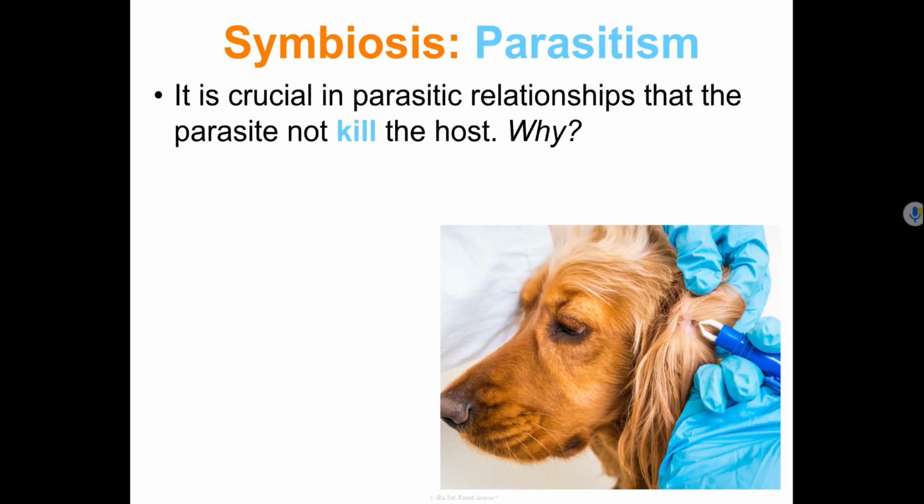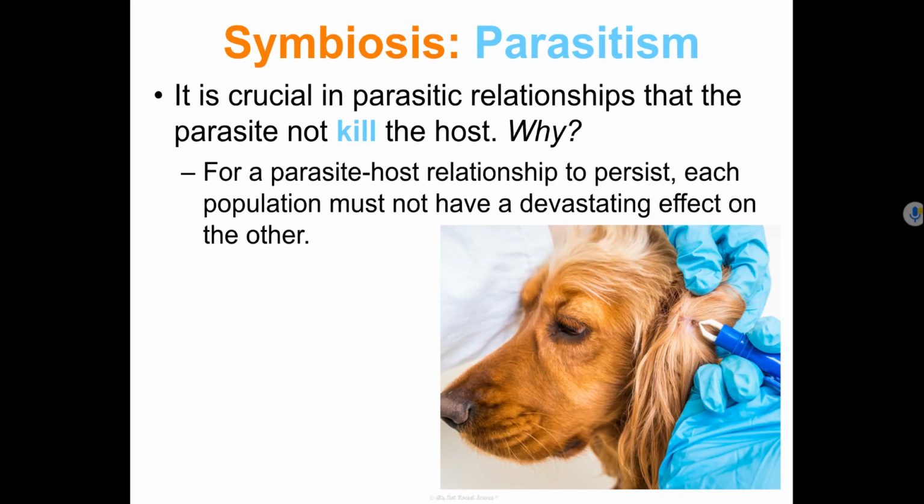It is crucial in parasitic relationships that the parasite not kill the host. Now, why might that be? Well, if the host dies, then the parasite is no longer benefited. The parasite only gets those benefits if the host is alive. So, for a parasite host relationship to persist, each population must not have too devastating of an effect on the other.